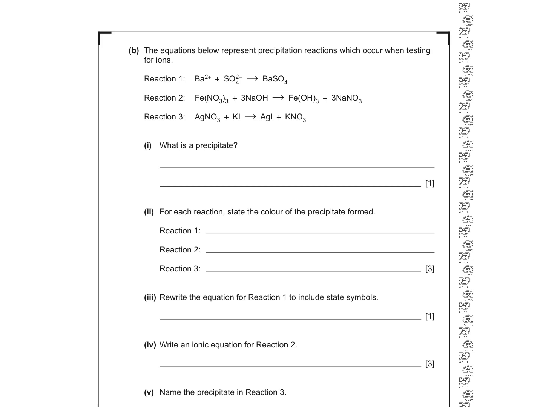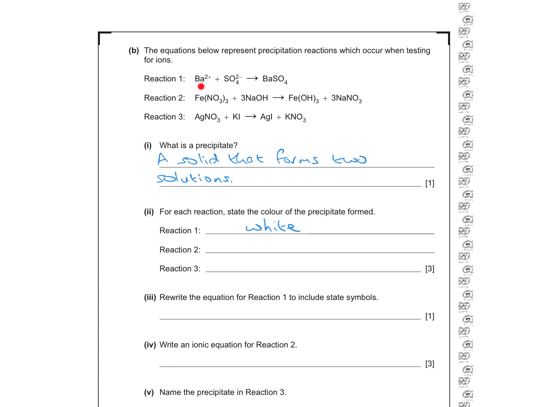Part B then is testing for ions, and a precipitate is just a solid that's formed on mixing 2 solutions. Now in reaction 1, the precipitate that's formed is barium sulfate. That's a solid and it is white. And this is a test for sulfate ions.